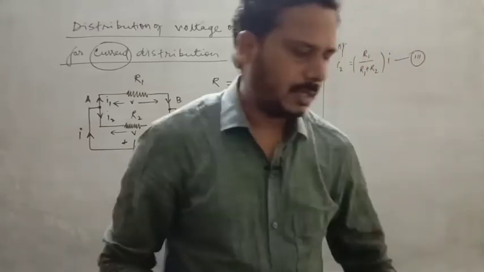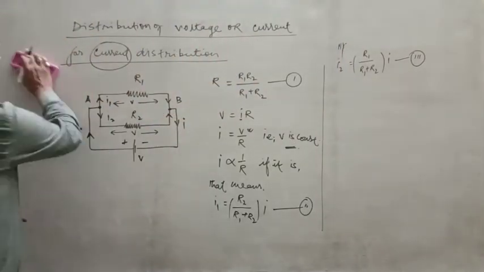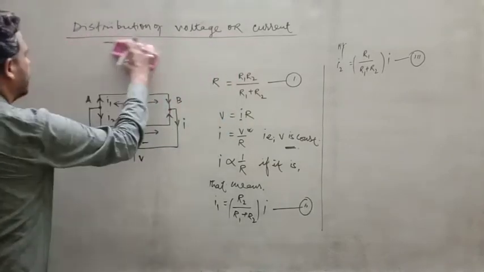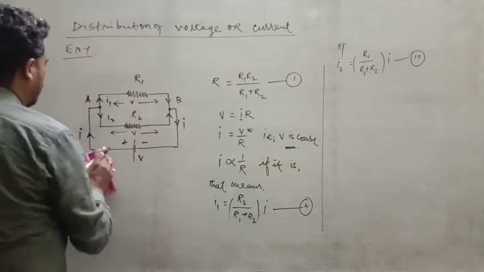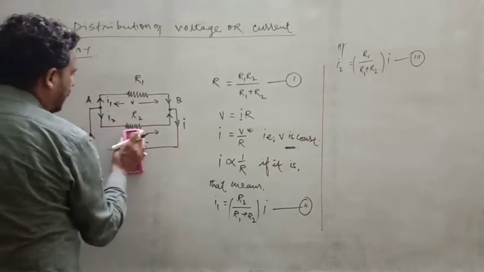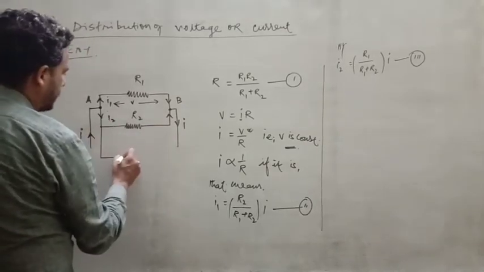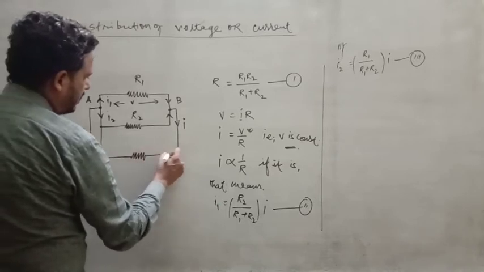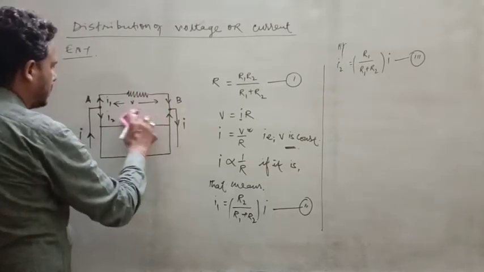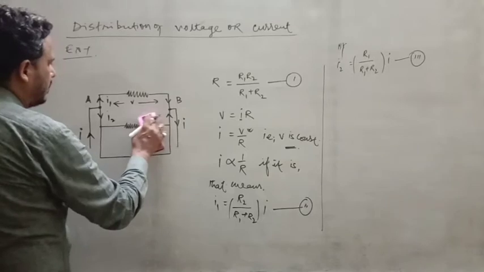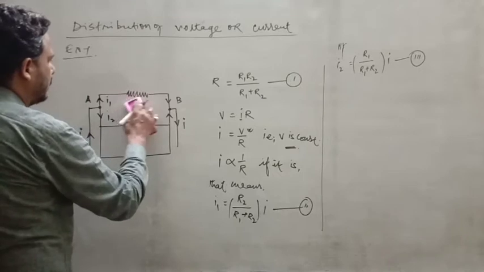Here we are going to take an example. In this example I want to add one more resistance, and instead of R1 and R2 I am going to take their magnitudes directly.